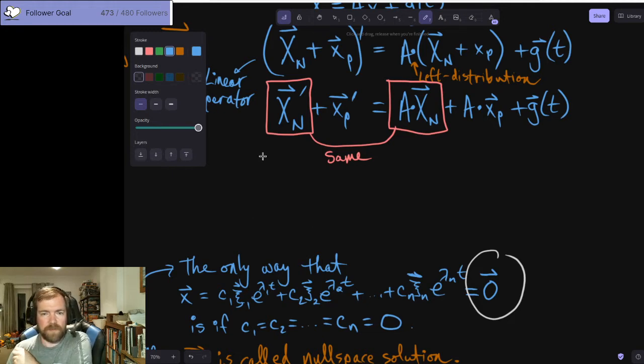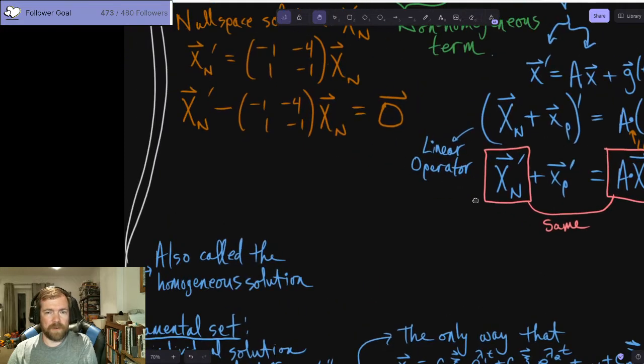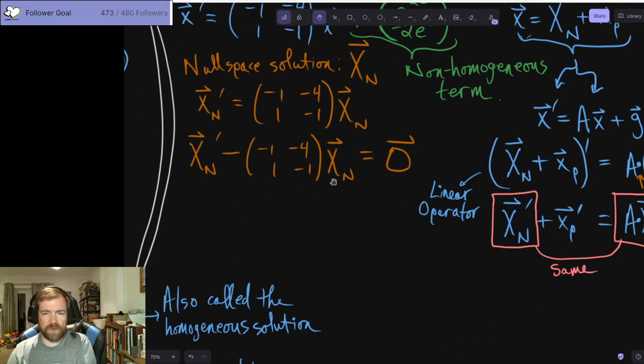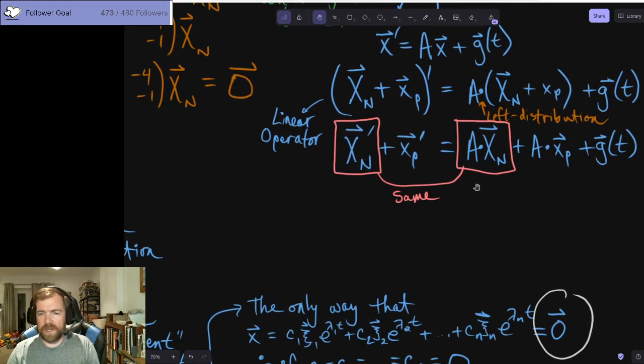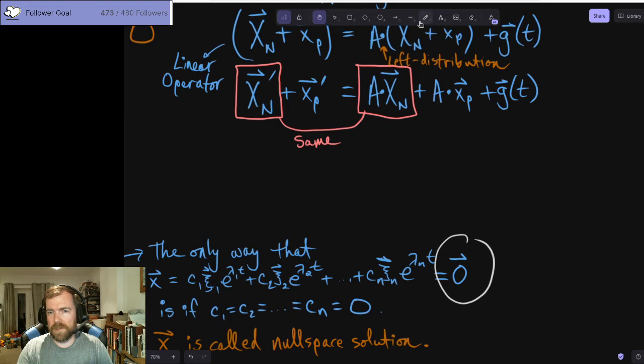So we have x prime sub n and A times x sub n being the same thing as each other. The reason I popped over here and asked what happens if we subtract them, and we get a 0 vector, is to say we could do that here, or you could just drop it out entirely. We've got the null space solution, now let's figure out what the particular is.